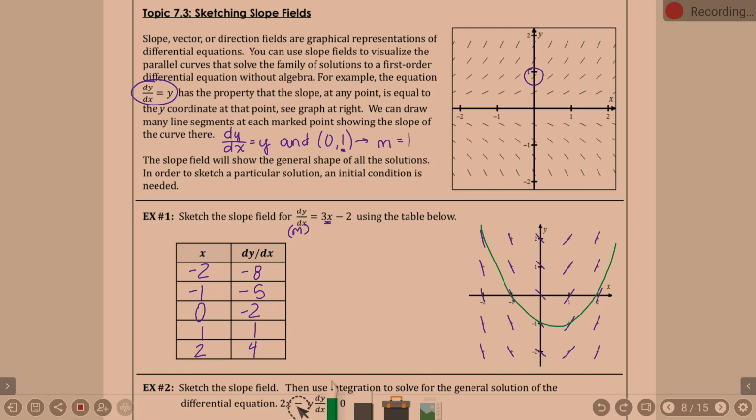But that could also be somewhat of my error. But that's the idea of what one particular solution would look like. Obviously, there are lots of options moved up and down.